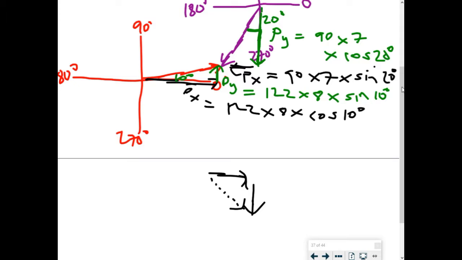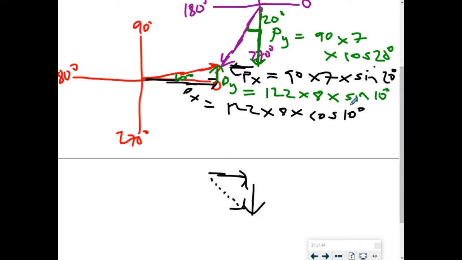So I've got 90 times 7 times cos 20. And we need to have 122 by 8 by sine 10. Okay, so when I subtract those... Okay, so I'm going to start throwing in some values here.